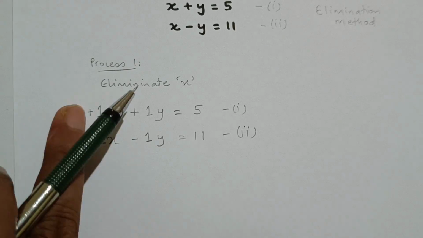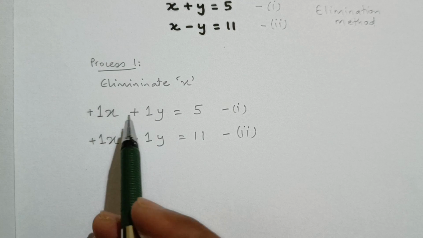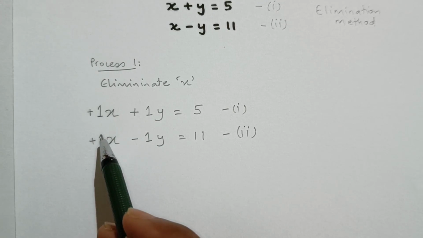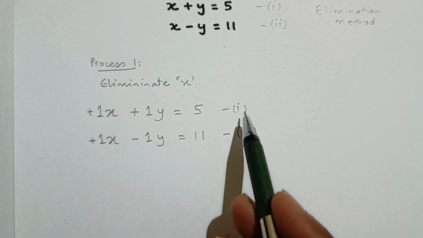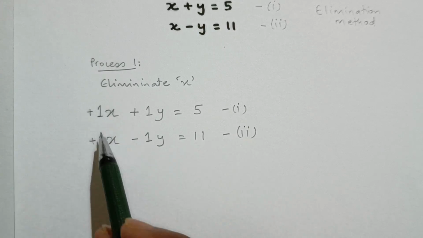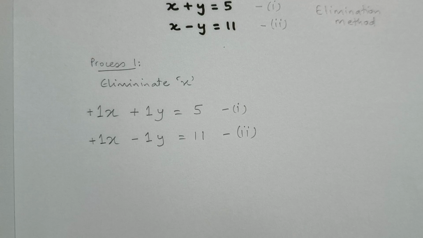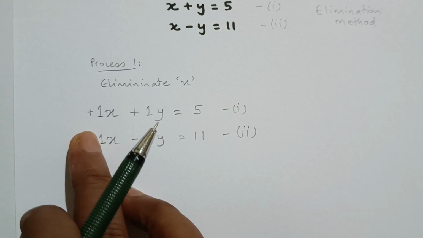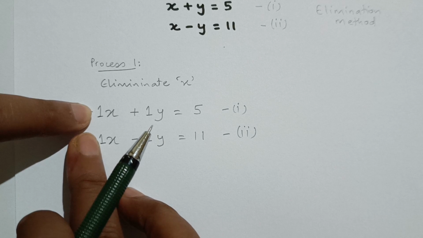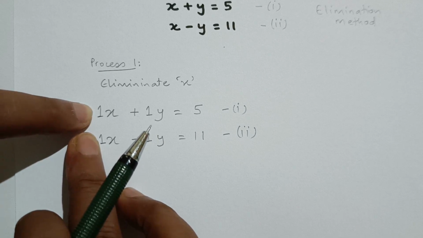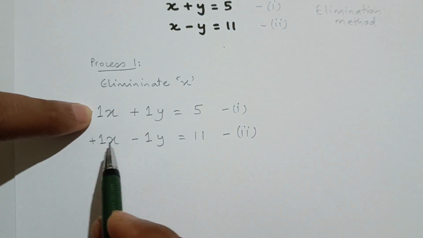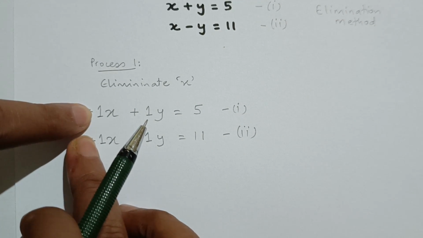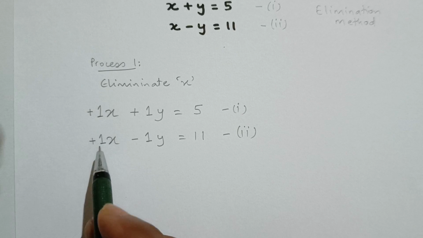If we ignore the signs for the time being, we can see that the numerical value of the coefficient of x in both the equations is the same. It is 1.